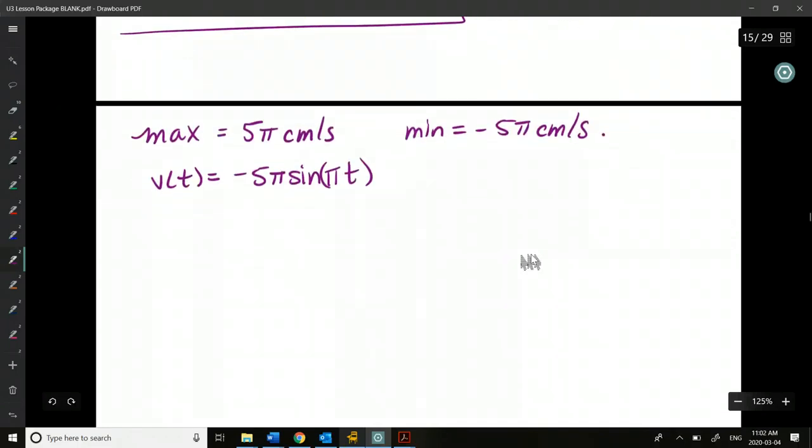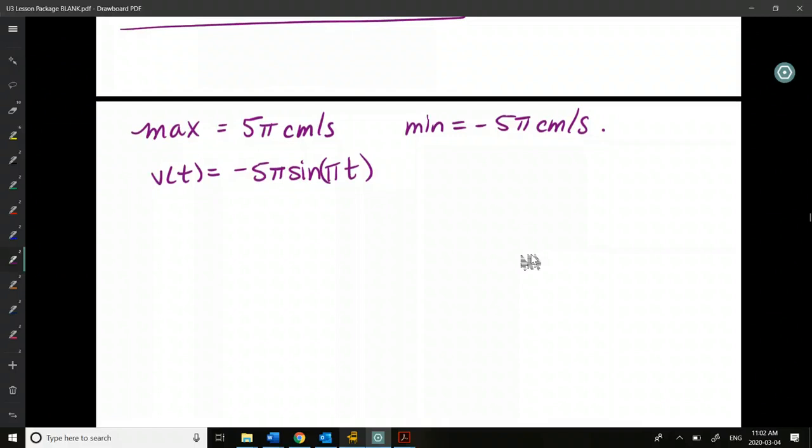We would set the velocity equal to these maximums and minimums. I would suggest that you do both, because since we're looking for speed here, we're actually not interested in the direction. So I would suggest that you solve both, just so that you can ensure you get the right answer for when speed is at a maximum.